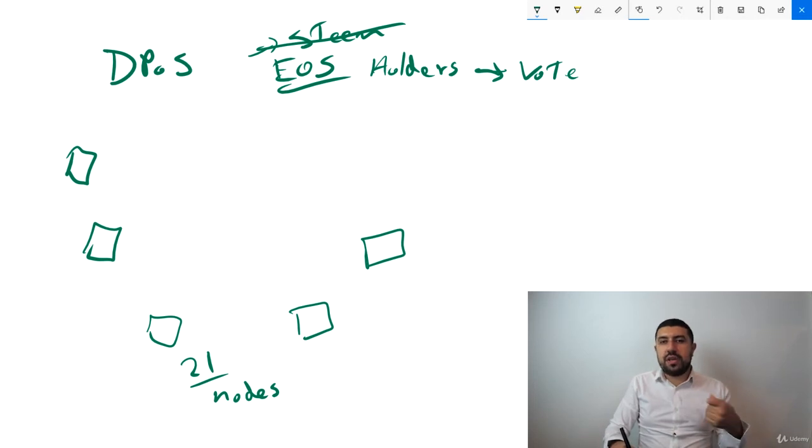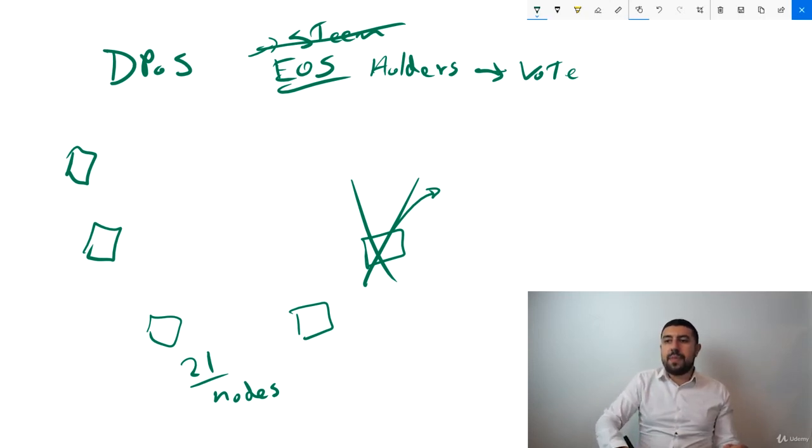And the voting is ongoing. So if somebody becomes less trustworthy and people vote for somebody else, he will no longer be part of the system, and somebody else will come in his place who will have more votes than him. And the top 21 people will be the 21 nodes that can confirm these transactions.